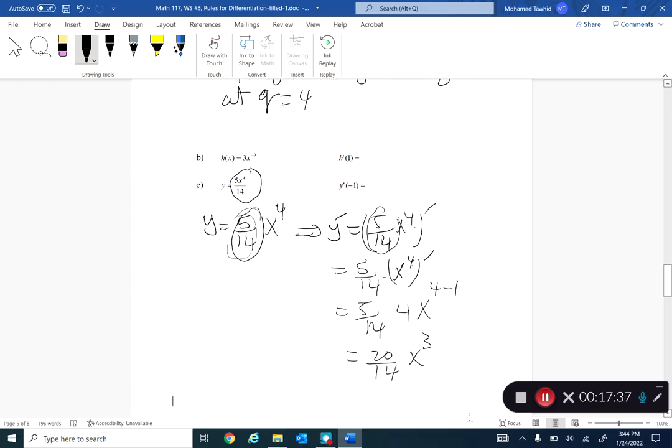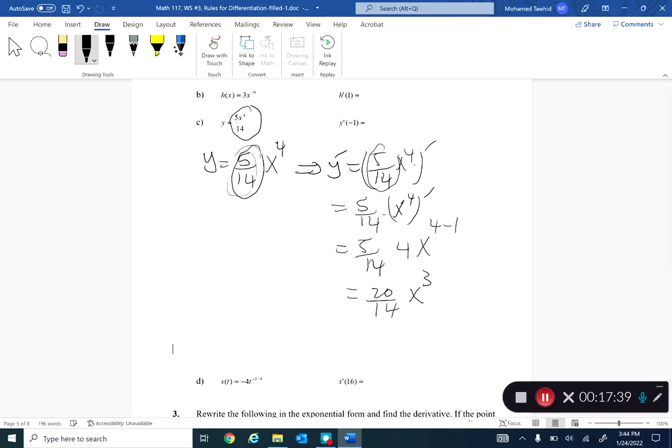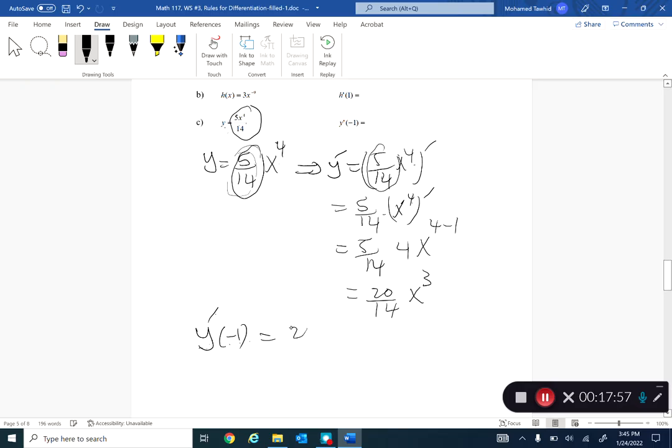And now they ask you what is the derivative y prime at -1. So y prime at -1 means your y is a function of x. They tell you to find the value of your derivative when x equals -1. So I have to replace x by -1. So what do you have?